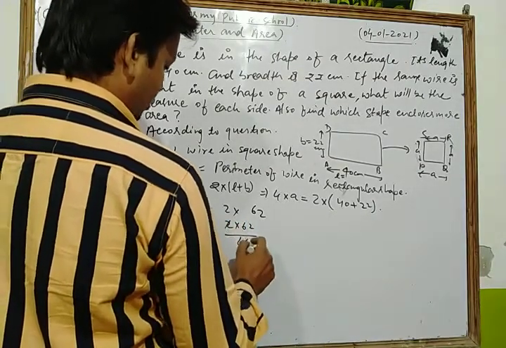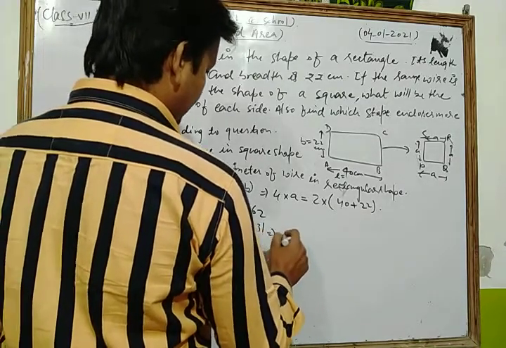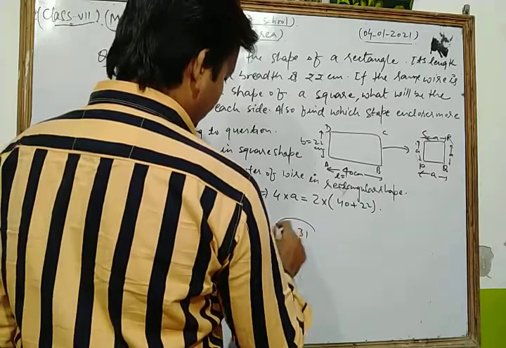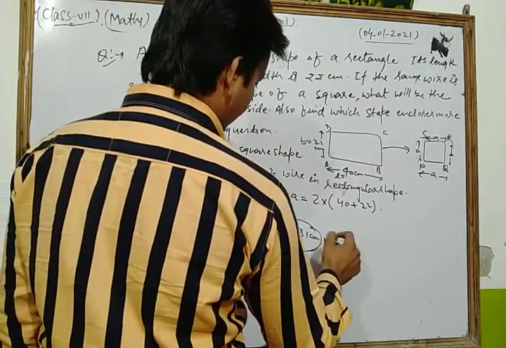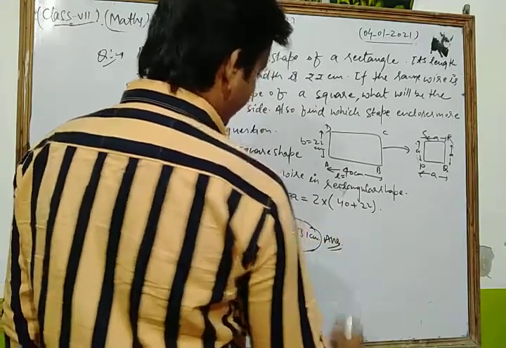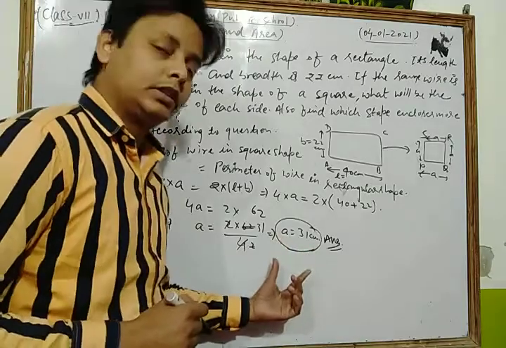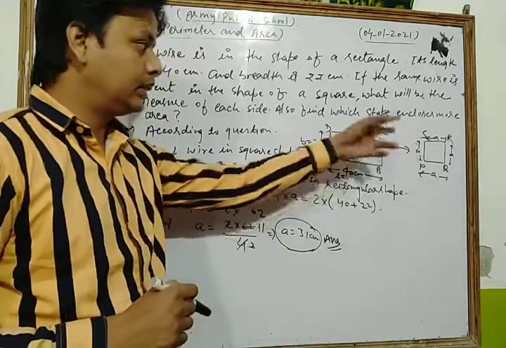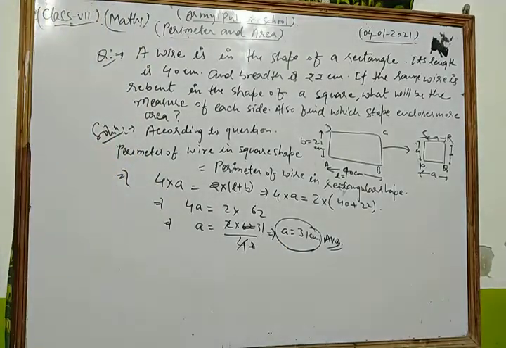So 2 2s are 4, 2 3s are 6, 2 1s are 2, that is A is 31 centimeter. Thus in this way we can say that each side of the wire in square shape is 31 centimeter. This is one answer.